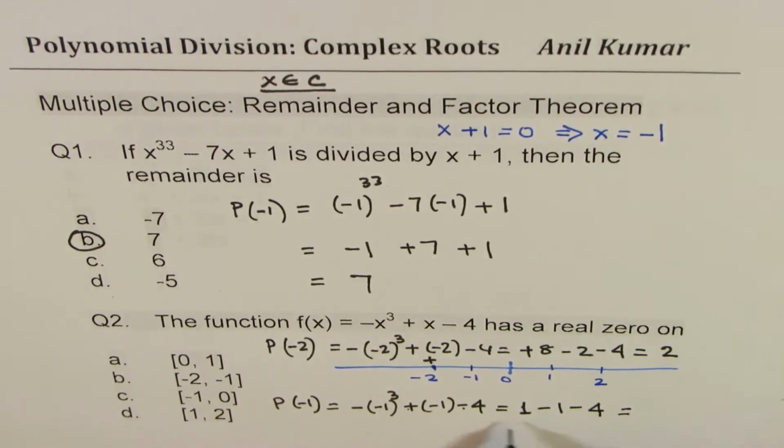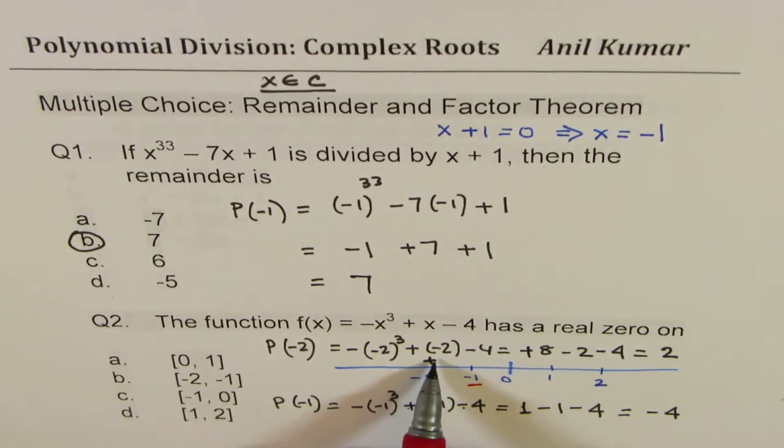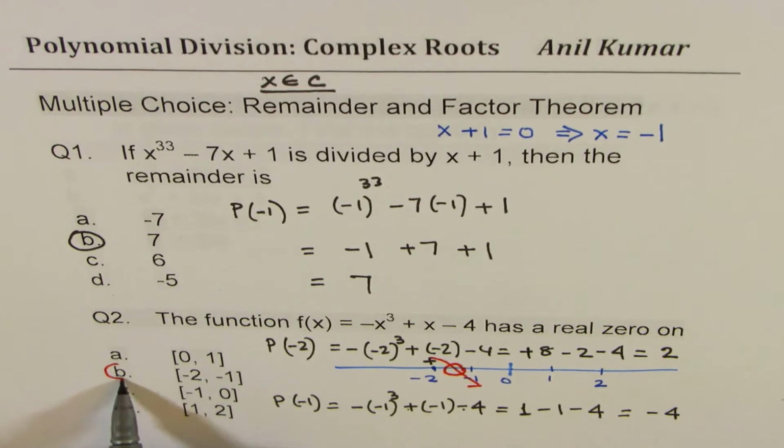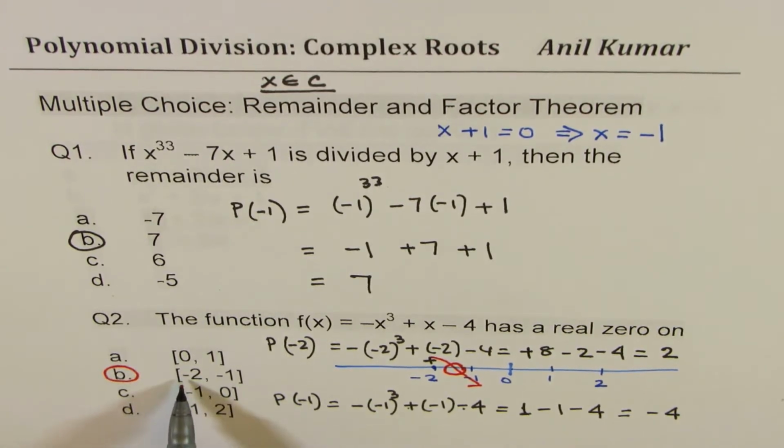And that gives you minus 4. So here we get a negative value. Now it clearly indicates that if you are moving from the positive side to the negative side, there has to be a 0 somewhere in between. And therefore the solution is B. It is within the interval minus 2 to minus 1.